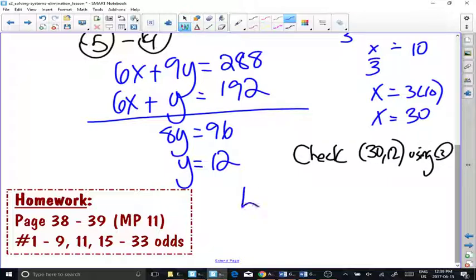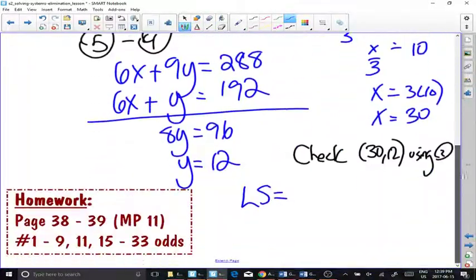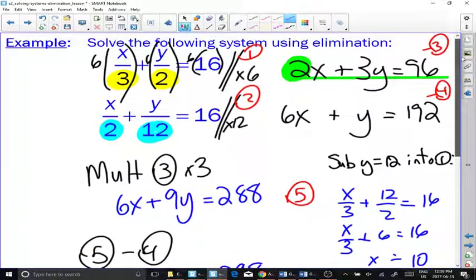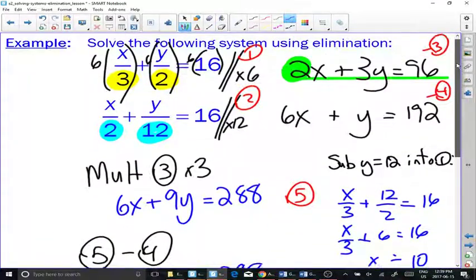So left side equals x over 2 plus y over 12. And if everything goes all ducky, the right side is equal to 16. Is that right? Yeah, that's right.